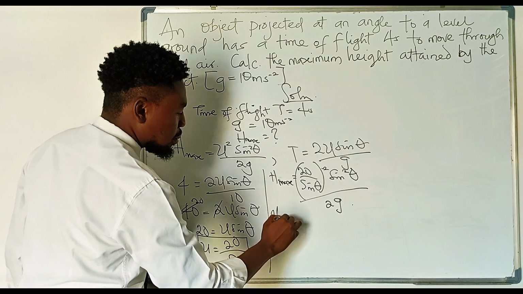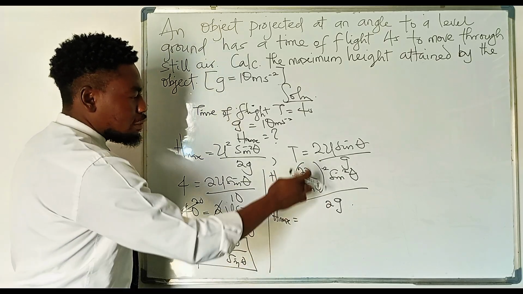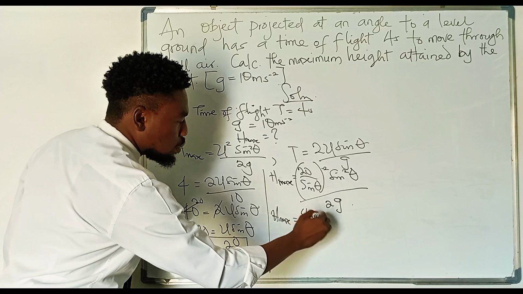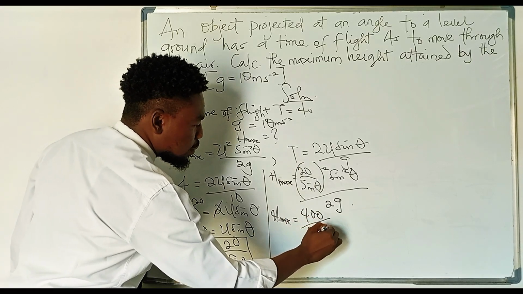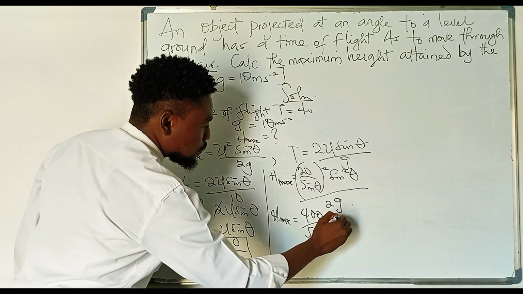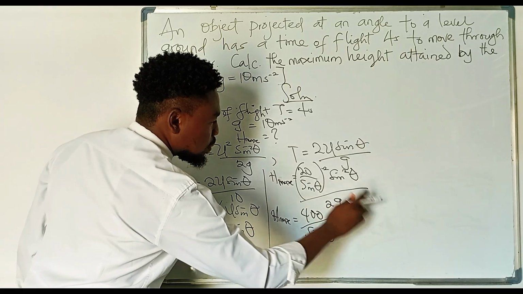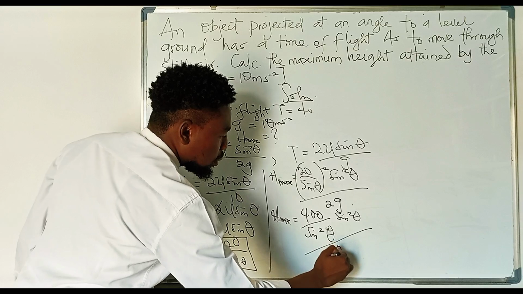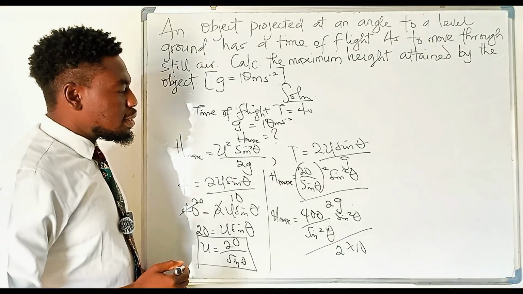So H max is equal to, if we distribute this square for the fraction, 400, because 20 square is 400, all over sine square theta. And then we have sine square theta here all over 2 times 10, because g is equal to 10.